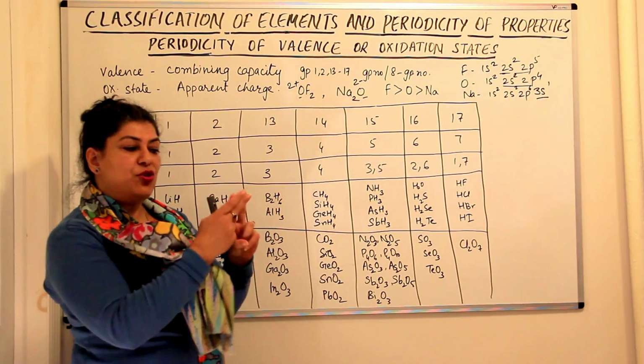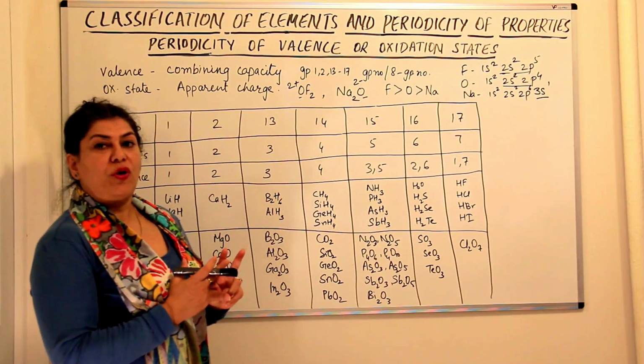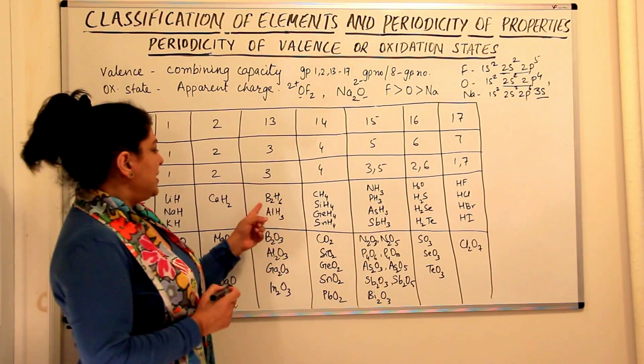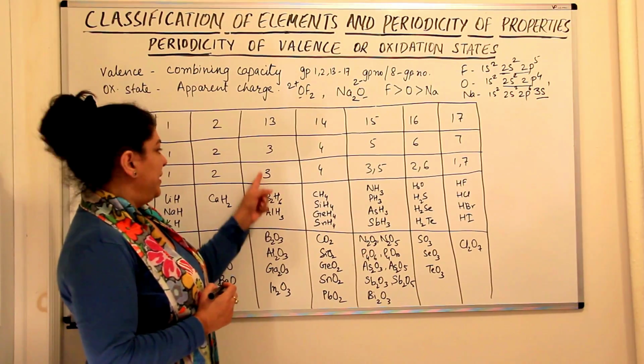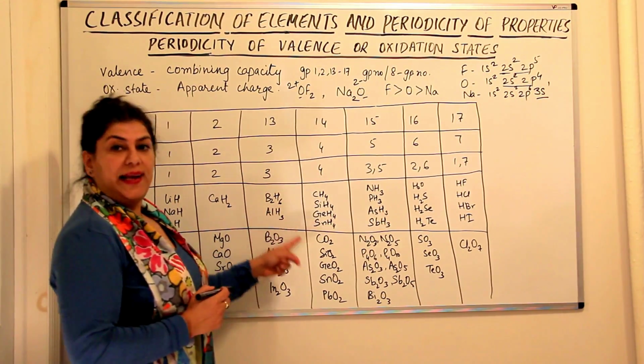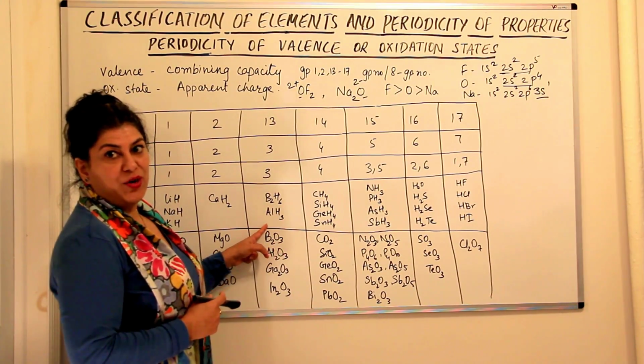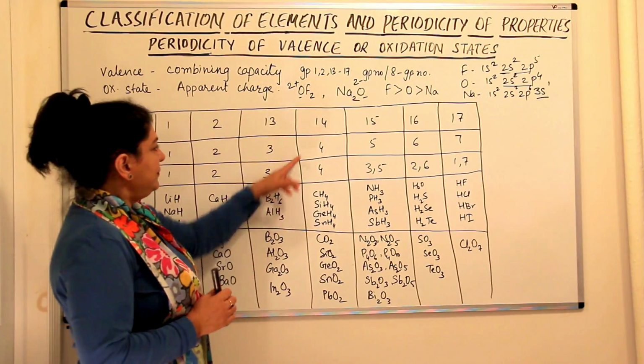So these 6 electrons are being divided by 2 borons. So how much is each boron getting? 3. So what is the valency of boron here? 3. Aluminium hydride is AlH3. 1 aluminium and 3 hydrogens. It means the valency of aluminium will be 3.